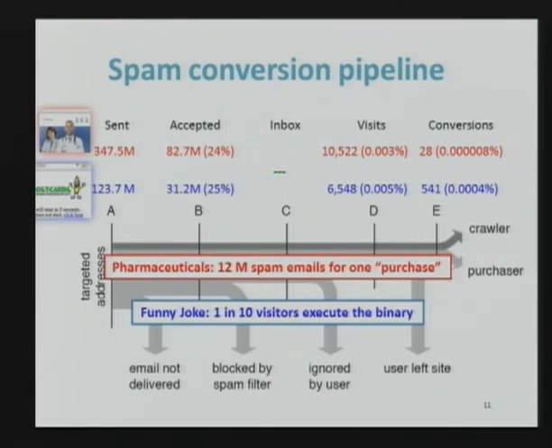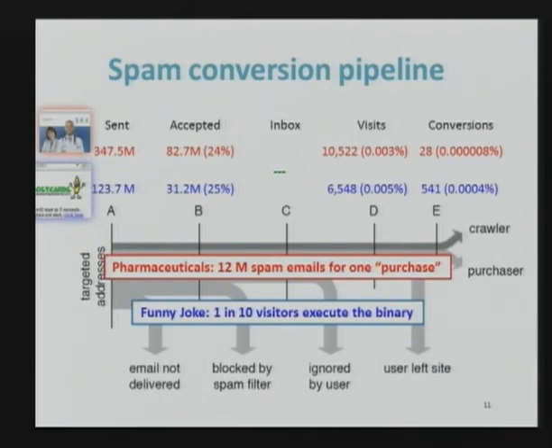And so that's astronomically low, right? You have to send 12 million different spam messages to expect one purchase for this individual spammer. However, if you take the visits number we have there and you divide that out by the conversions, this is the conversion from someone who's interested enough to click on a link to look at a web page to the number of people that are willing to, regardless of whether their operating system says, you downloaded this program from the internet, are you sure you want to run it?